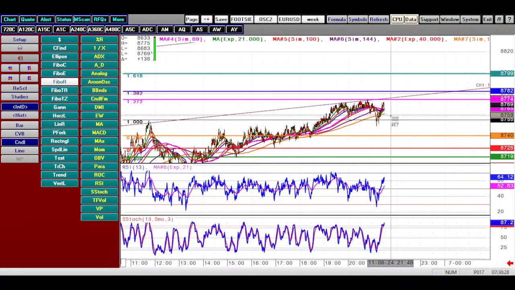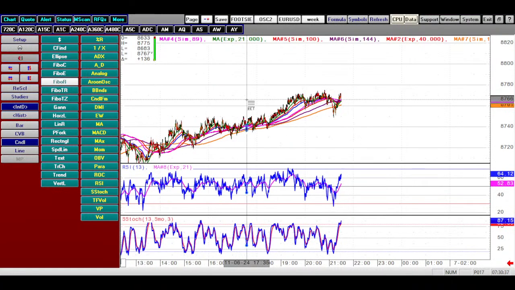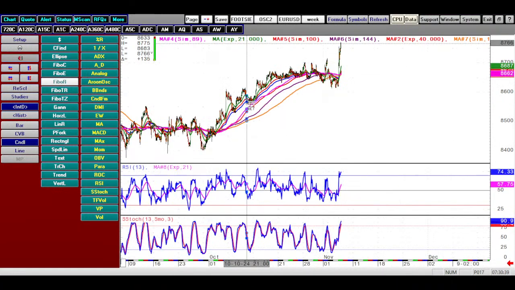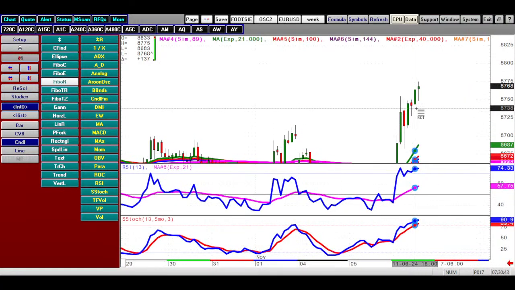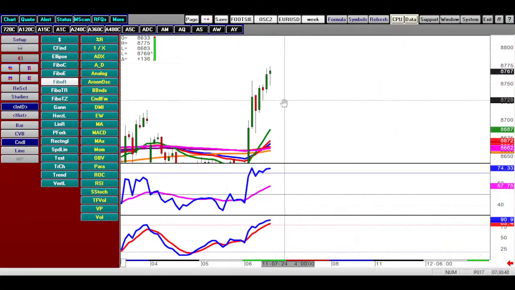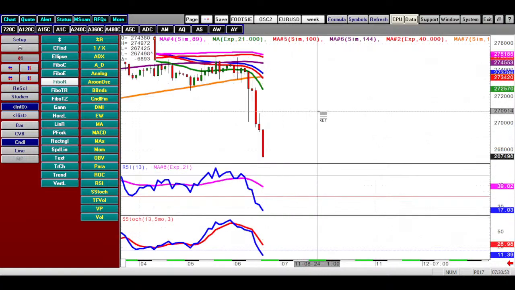But right now I think this is trading near the resistance. Let's wait to see whether we get any pullback on this trade. Okay. So, any questions? Anything you all want to discuss?